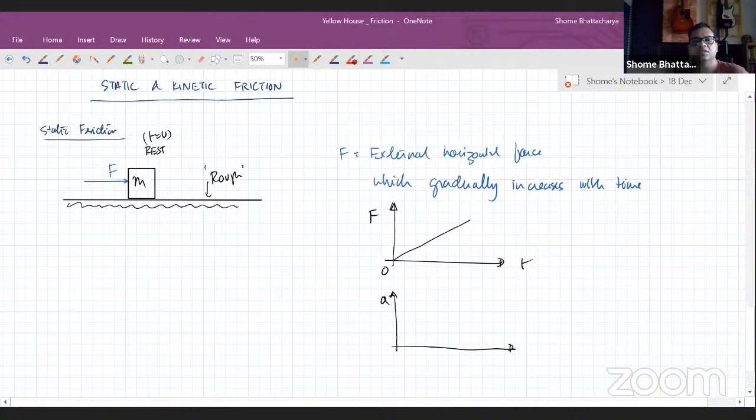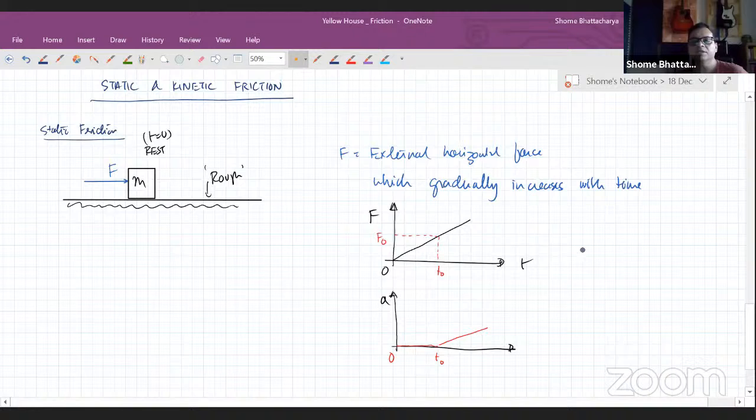The block will initially be at rest, and only at a certain time will it start accelerating like this. So if that time is, let's say, t naught, then on this graph at that time t naught, the value of the external force is some F naught.